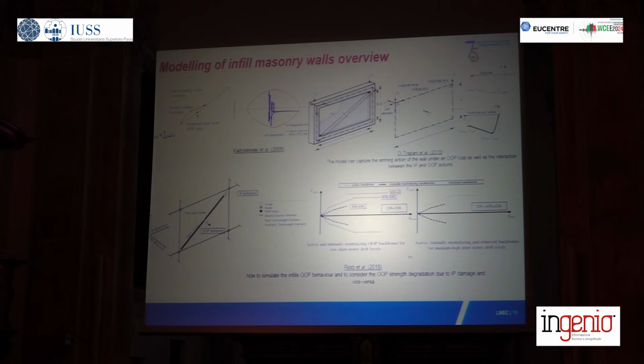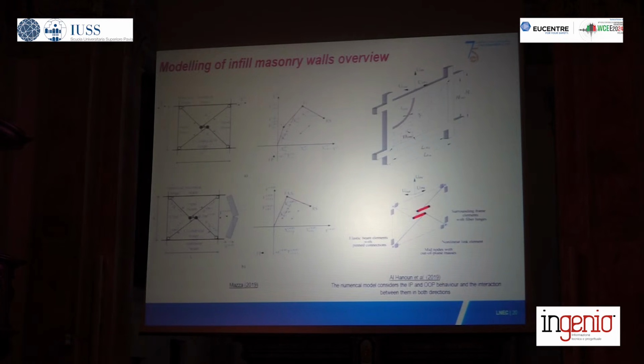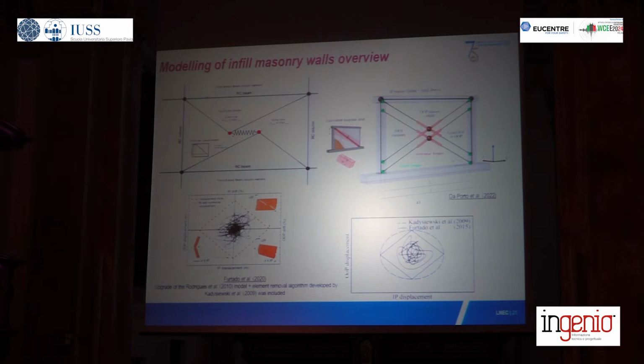In the last 10, 15 years, they typically introduce some mass at the center of the panel and include the nonlinear response for the out-of-plane to try to capture this nonlinear behavior.